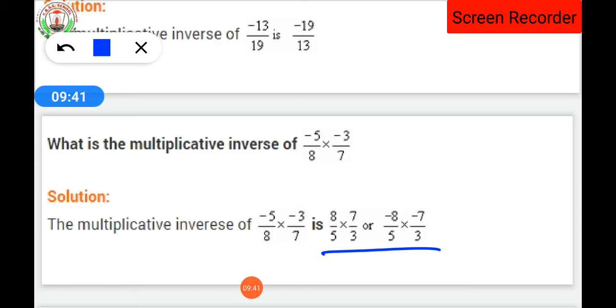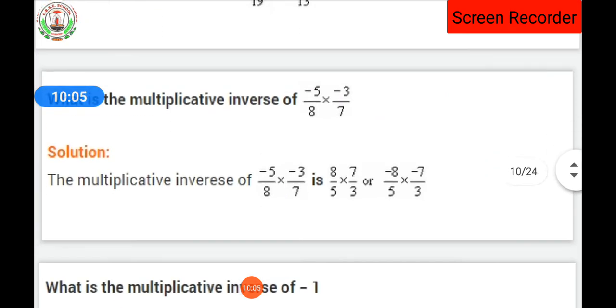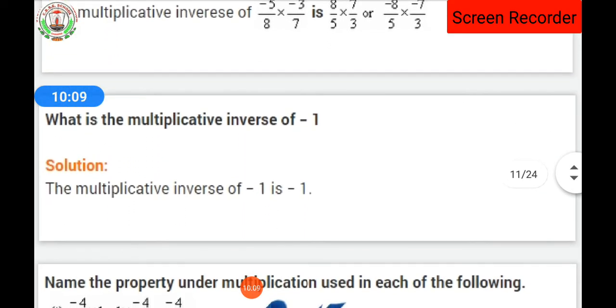What is the reciprocal of minus 5 upon 8? It will be 8 upon 5. Minus and minus will get cancelled obviously, as there is a multiplication sign, that's why 8 by 5. What is the reciprocal of 3 by 7? That is 7 upon 3. If you want to put the minus signs over there, then the answer will be minus 8 by 5 into minus 7 upon 3. Clear everyone?